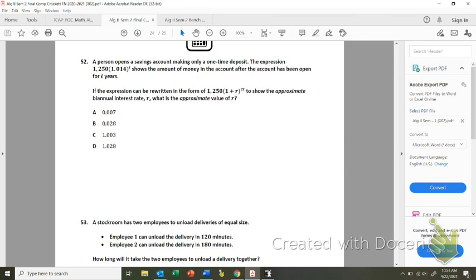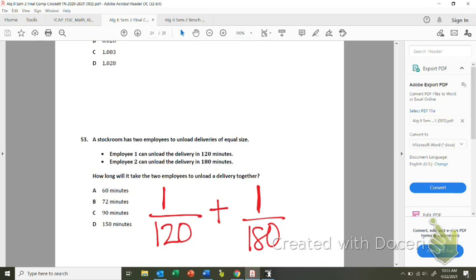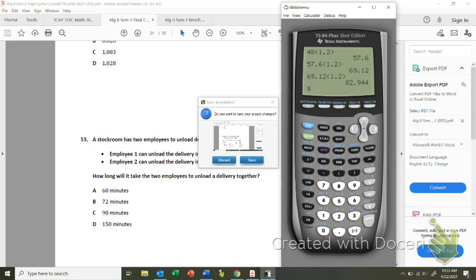All right, last one. A stockroom has employees to unload deliveries of equal size. Employee 1 can do it in 120 minutes, and employee 2 can do it in 180 minutes. How long will it take to do them together? Well, employee 1 can make one delivery in 120 minutes. Employee 2 can also make one delivery in 180 minutes. In order to see what they're going to do together, we add these. Since we have a calculator, let's use this to our advantage versus finding a common denominator.